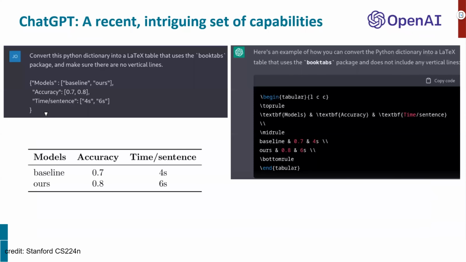And another thing is, you can convert a Python dictionary into a LaTeX table that uses booktabs. You can specify what package it should use when converting, and it does its job quite well.